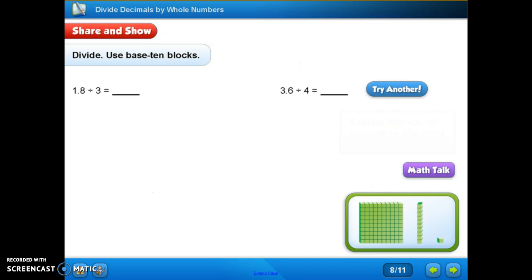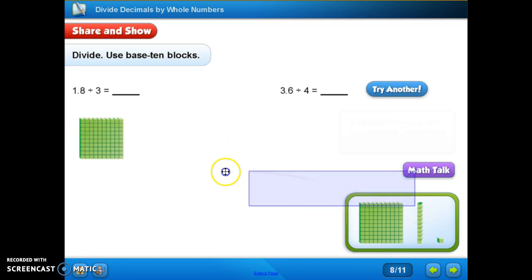Okay, this is number 3. Let's go ahead and use your base 10 blocks to model that. So I have 1 whole and 8/10.